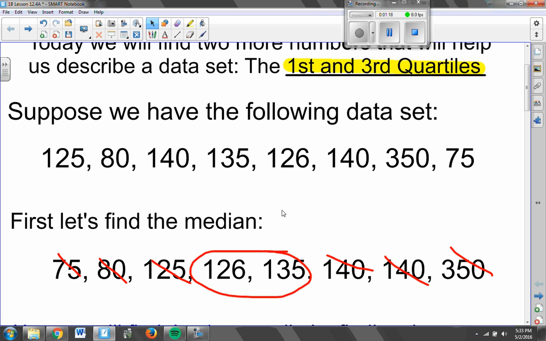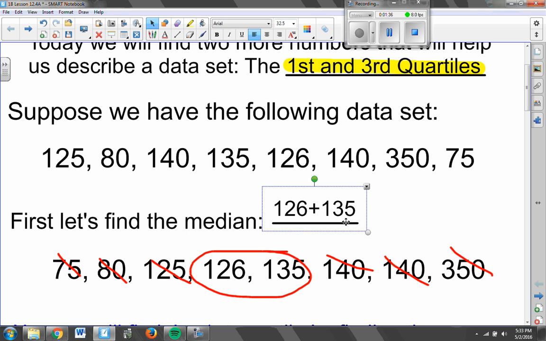So to find the median, remember when we have 2 points in the middle that we can't cancel out because then there will be nothing left, we take those 2 points, add them together, and then divide that answer by 2. So we do 126 plus 135. We then divide all of that by 2.